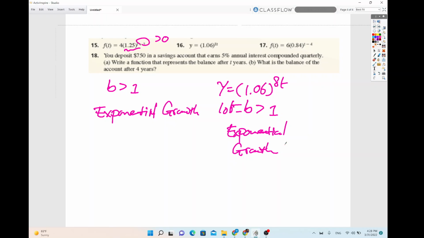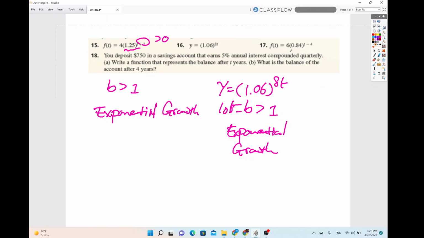And for those of you wondering about 17, let's see, this one right here shows 0.84 with the exponent t minus 4. It's a positive base, but the base is less than 1.